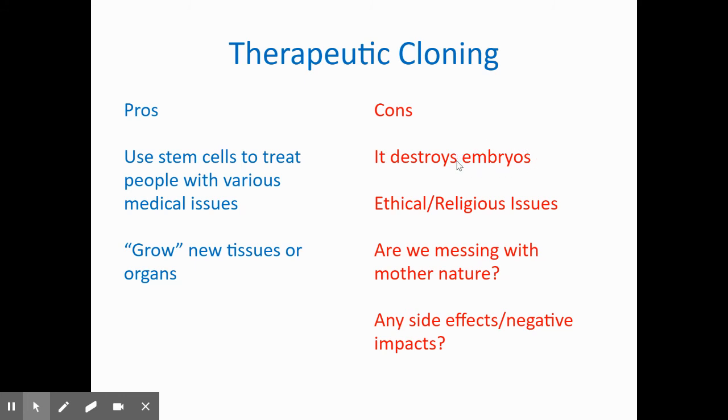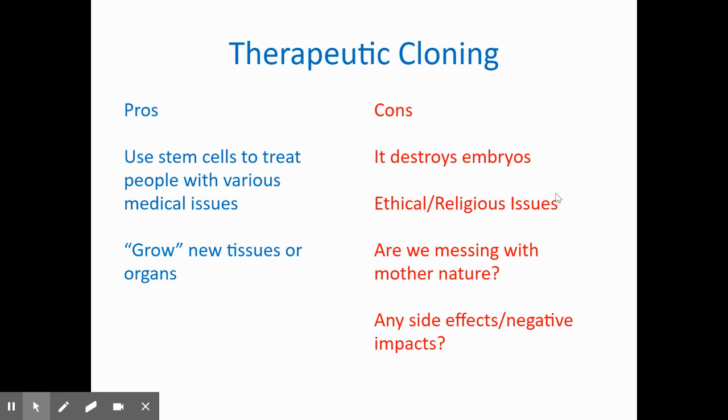We have learned that there are reservoirs in our body that have stem cells, for example, and so destroying an embryo is not necessary. There also are ethical, religious issues surrounding cloning. Are we playing God? Are we messing with Mother Nature? Some of those broader philosophical questions.